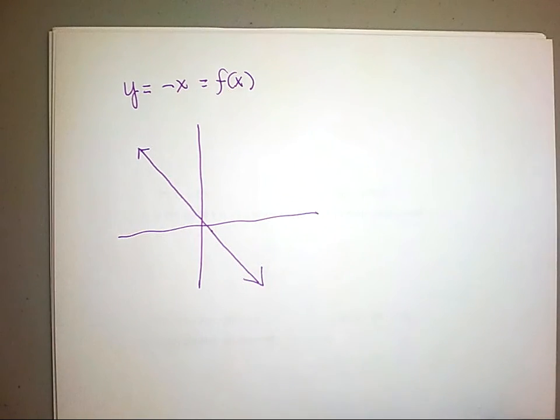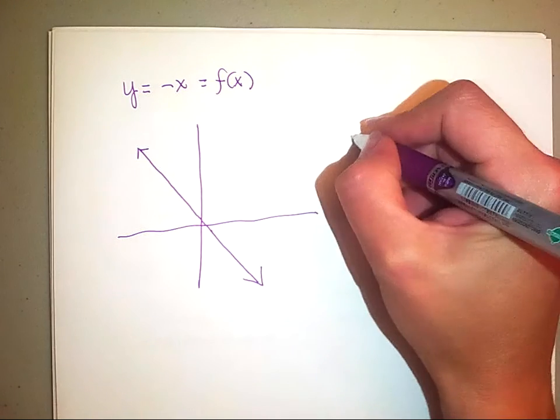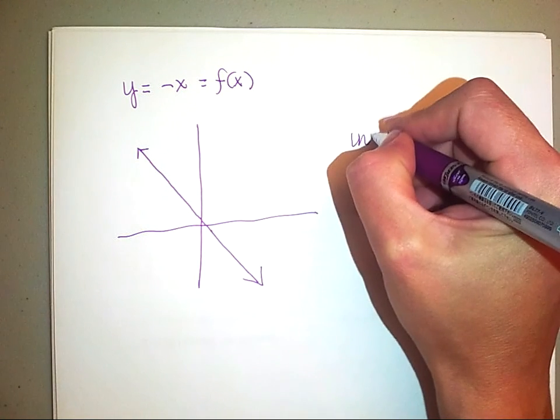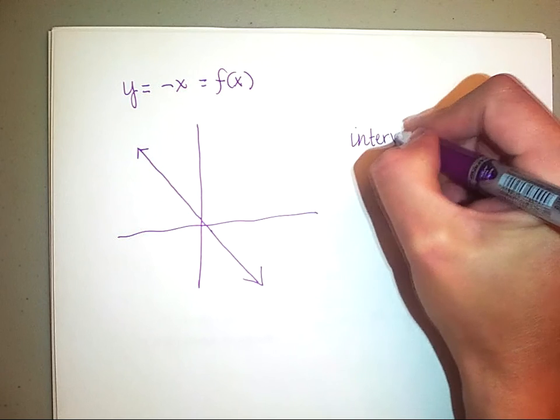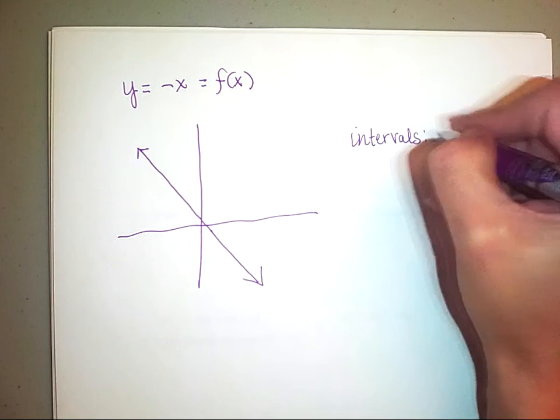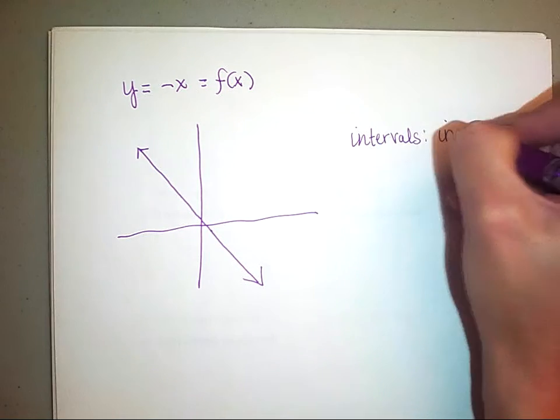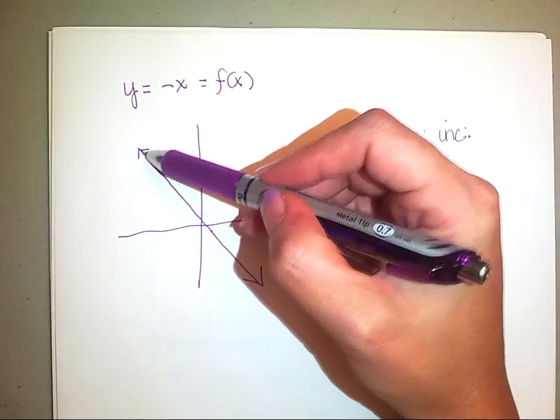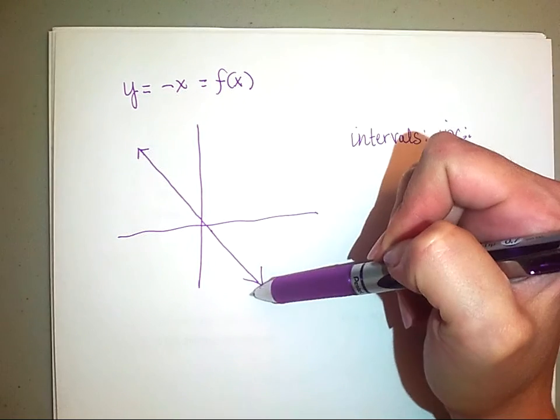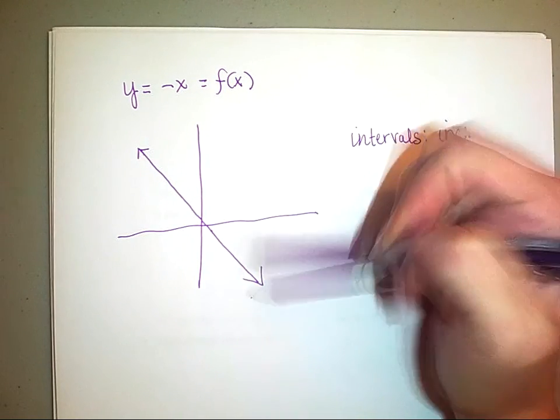Okay, so for example, if we looked at the line y is equal to negative x, that is the 45-degree line with the slope of negative 1.